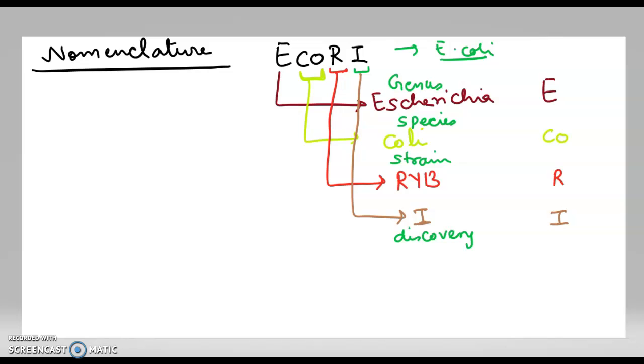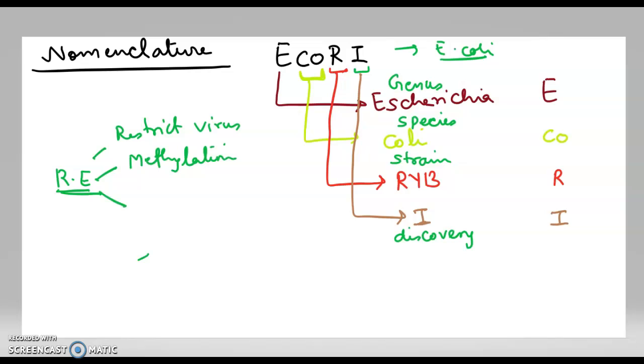I think till now we must be aware of all the features of restriction enzymes: that they restrict the entry of virus, then they modify their system by methylation. The restriction enzyme that is type 2 is used for rDNA technology.